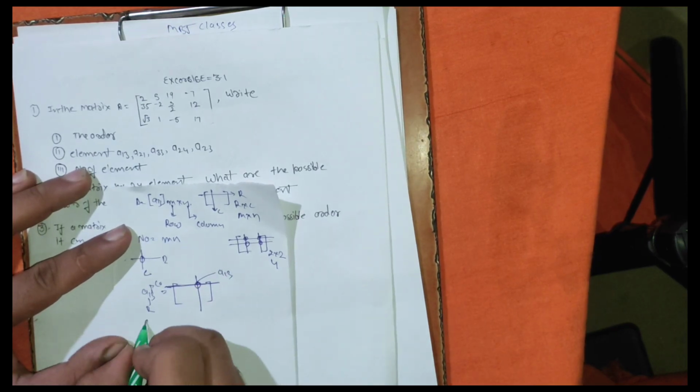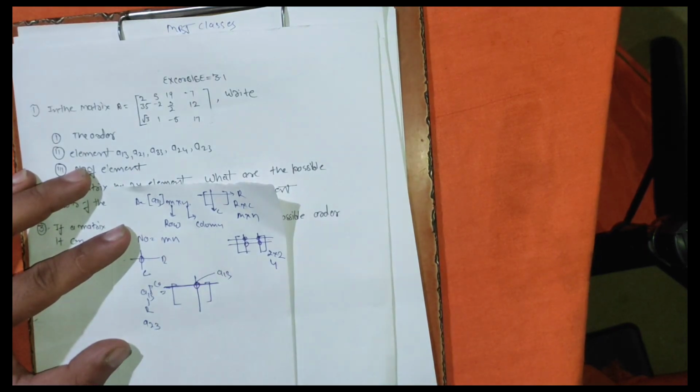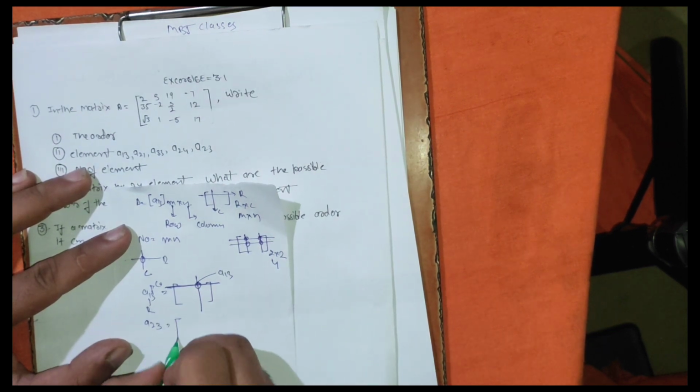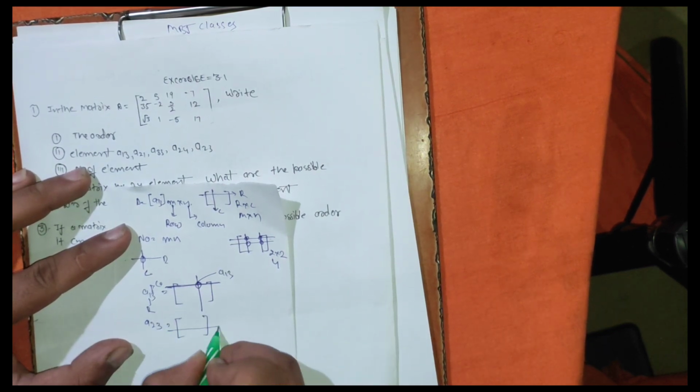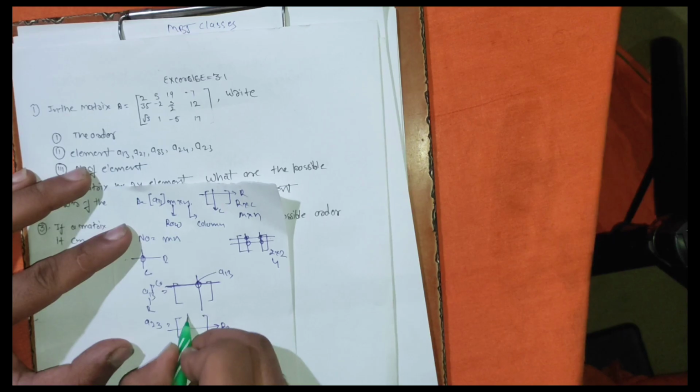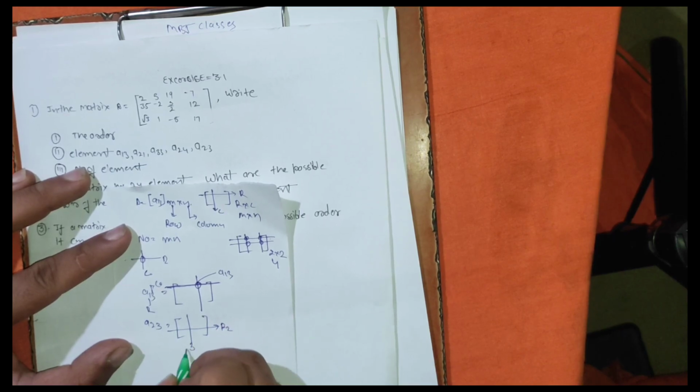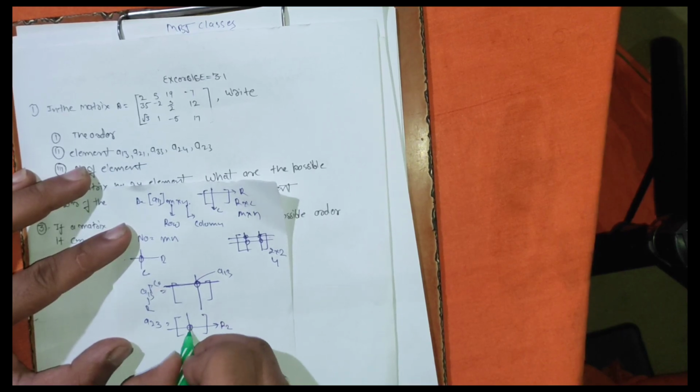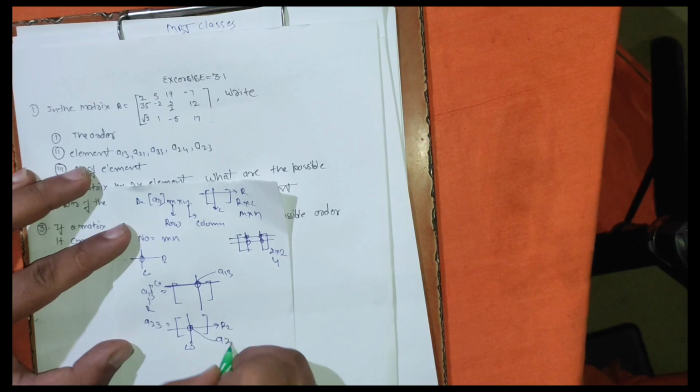Again, if I say a2,3, we talk about the second row and the third column where they intersect; this point becomes a2,3.